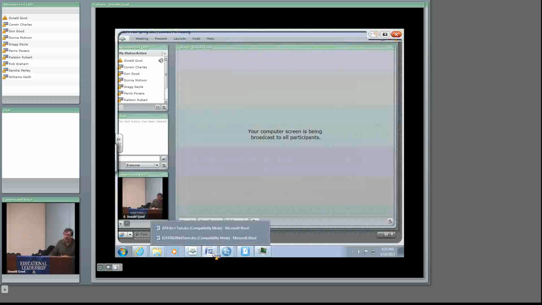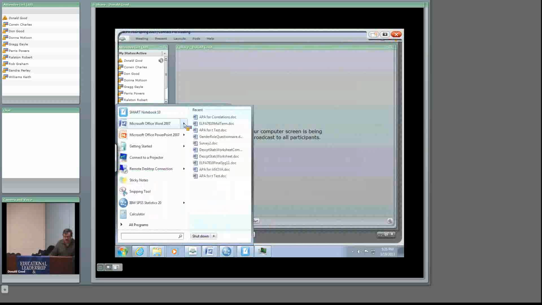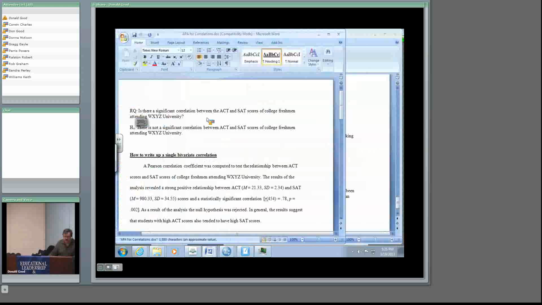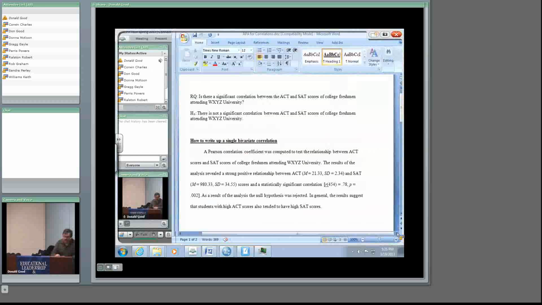Nope, this is a correlation, not a z-score. Oops. Hang on, I lost my file. Okay, back up. Maybe writing on this is not a good idea.